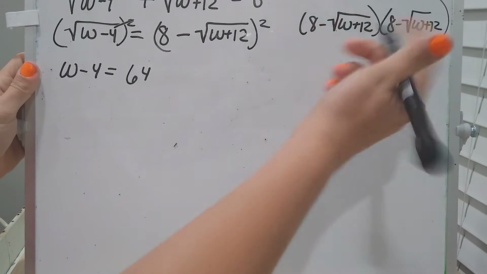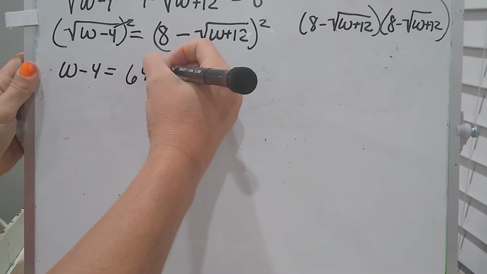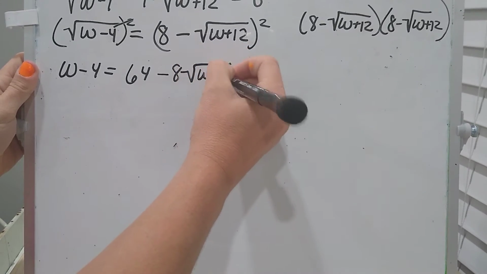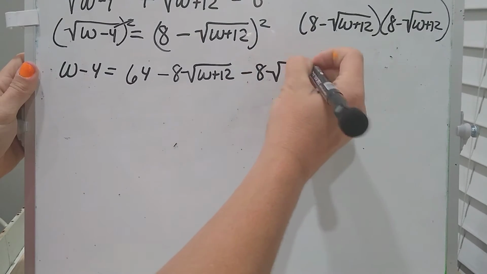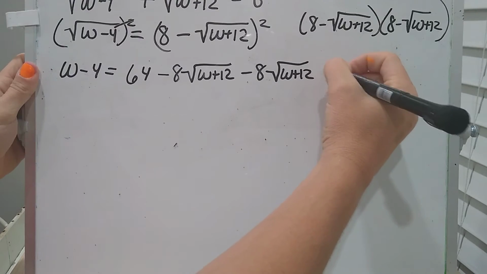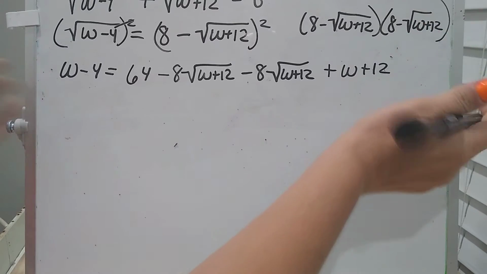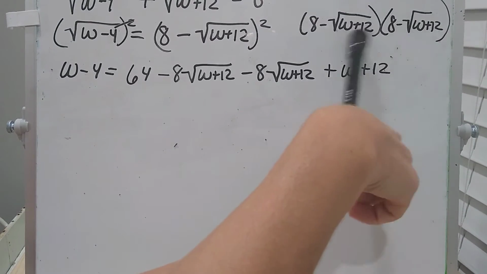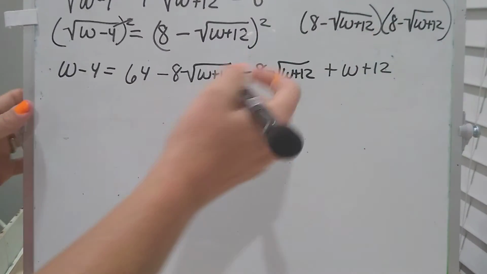Our outers, we've got negative 8 times the square root of w plus 12. Now our inners, negative 8 times the square root of w plus 12. And now our last, positive w plus 12, because remember, when you're multiplying two square roots, it's a square, so you are just left with the radicand with no square root.